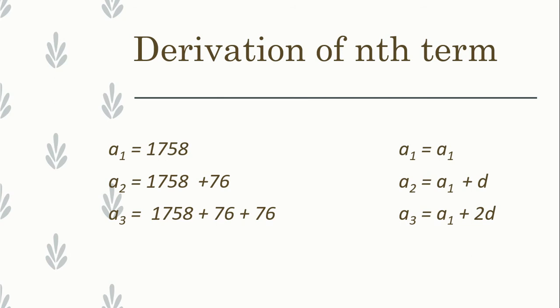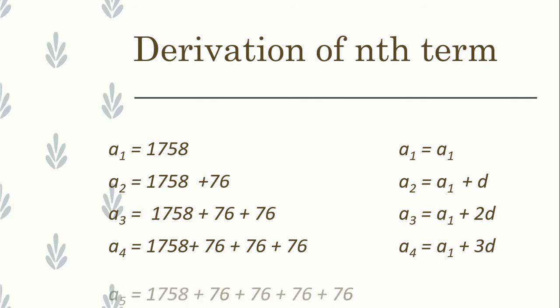Then the year of the fourth appearance is equal to 1758 plus 76 plus 76 plus 76, and it is equal to the equation: the fourth term is equal to the first term plus thrice the difference.